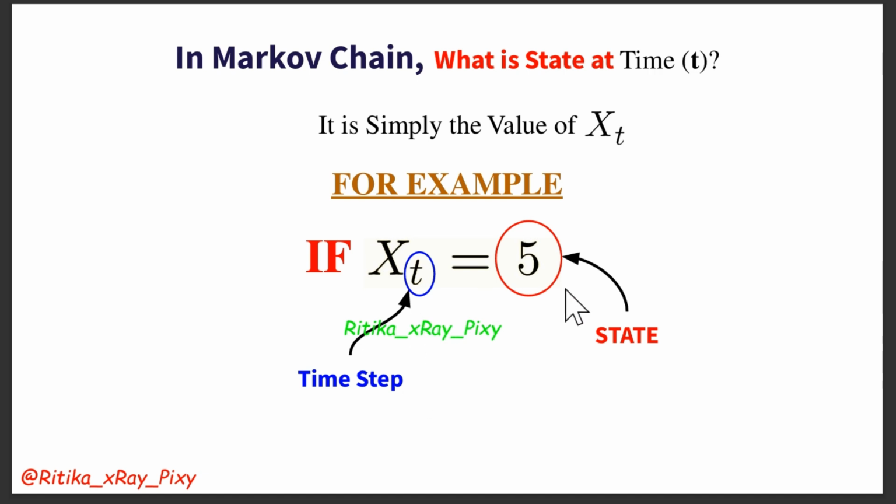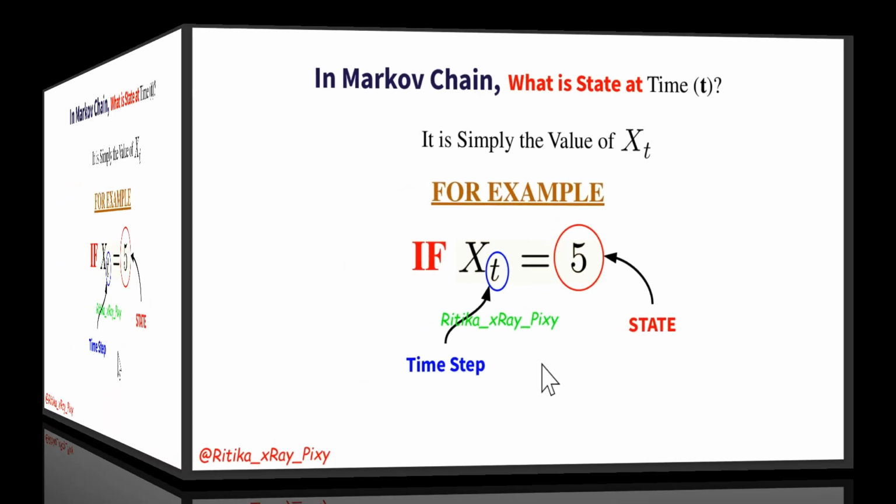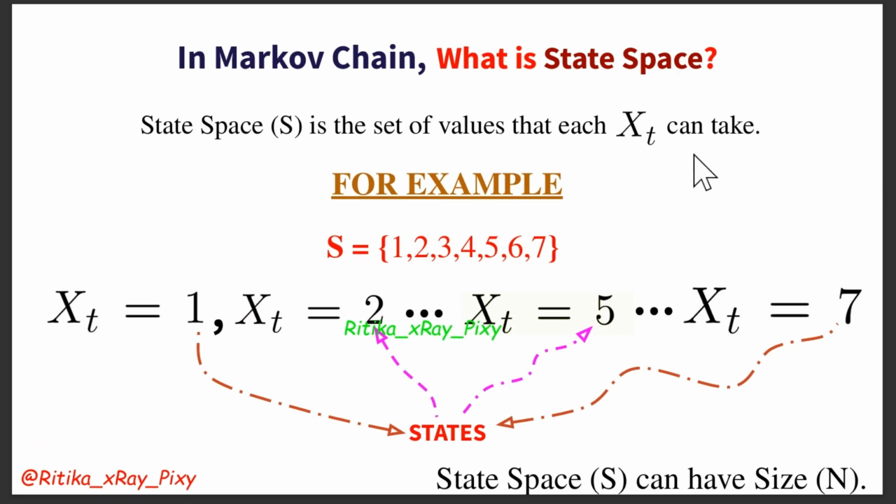The t is the time and 5 is the state. So, the process is in state 5 at time t. Done. What is the state space? That is the set of all possible states a process can take. For example, here you can see the state space S: we have 1, 2, 3, 4 up to 7. Here xt can be 1, 2, 3, 4, 5, 6 or 7.